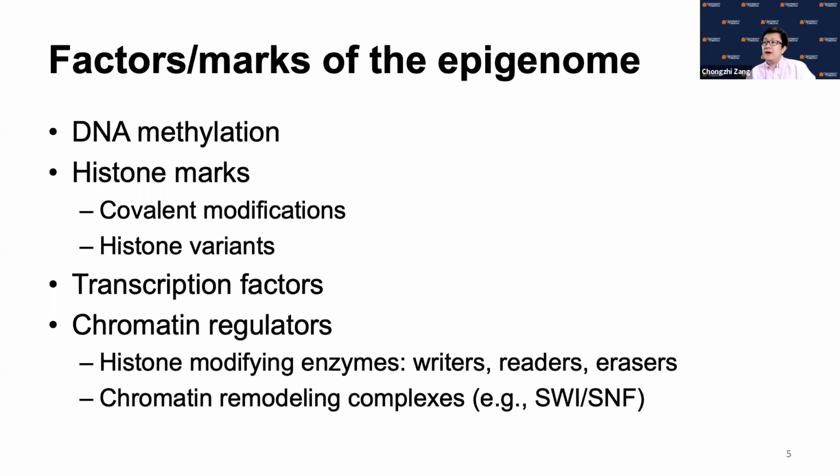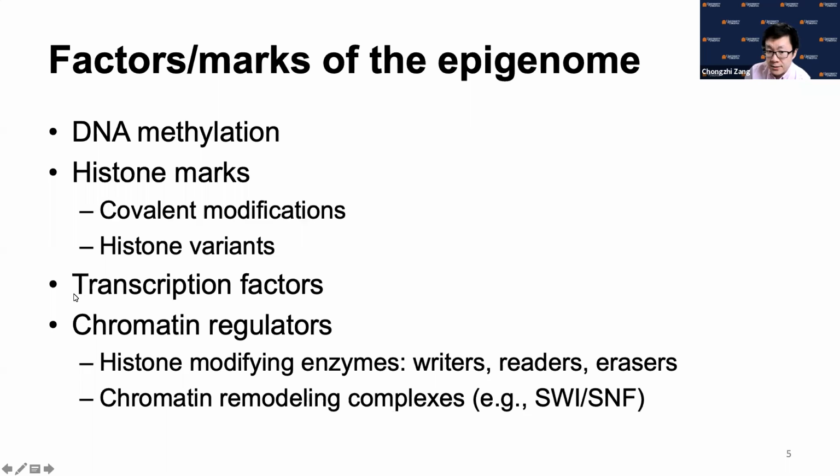The factors or marks of the epigenome, as I just mentioned, include DNA methylation and histone marks. Histone marks include histone covalent modifications, which I will go through in the next slides, as well as histone variants, which are variant types of histone with certain amino acid differences from the original histone molecule.